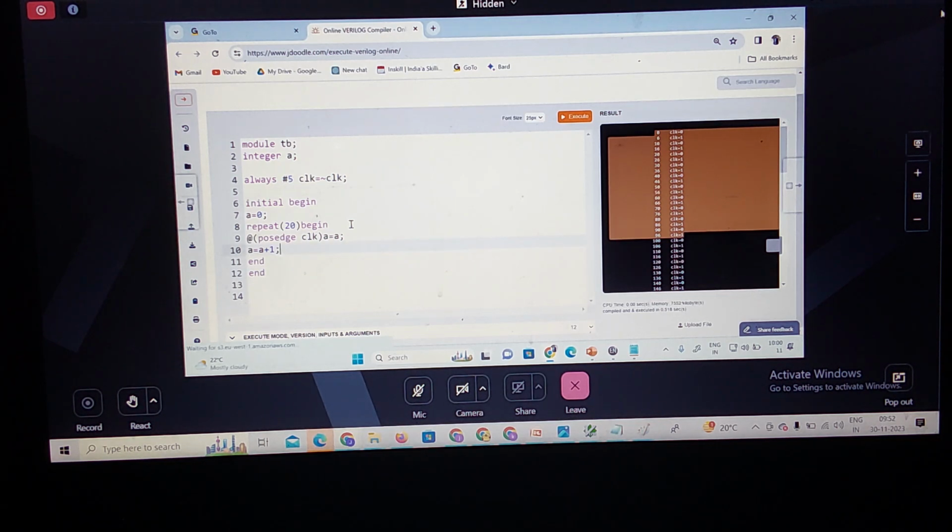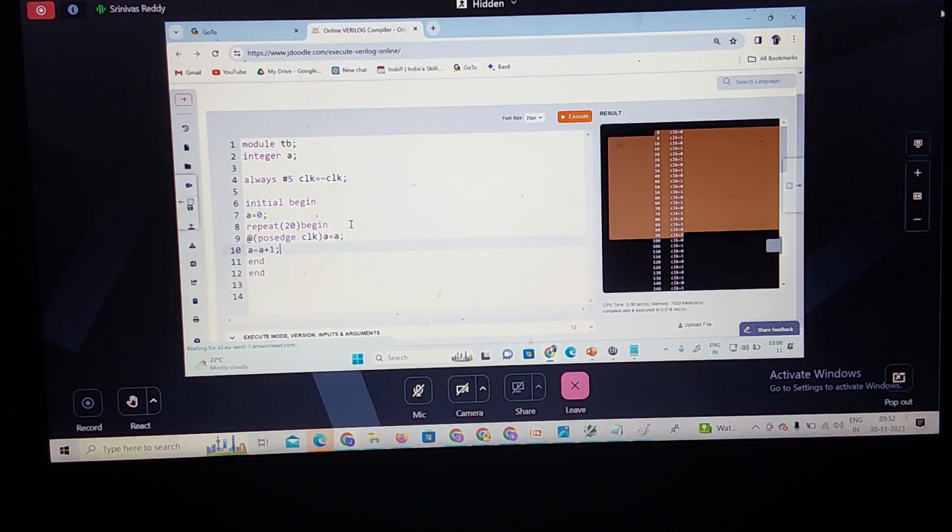Did you understand? What we are doing is nothing but delaying the statement A is equal to A plus 1 by how many positive cycles? This repeat loop will repeat, correct? It has to repeat at what edge? After a delay of 20 positive edges of the clock.